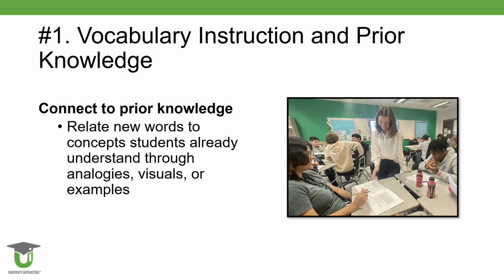Additionally, providing concrete examples in context allows students to see how the word is used in real situations. For example, if teaching the word photosynthesis, you might relate it to the idea of a recipe for plants. Just like people need ingredients to make a meal, plants need sunlight, water, and carbon dioxide to make energy. Connecting new words to prior knowledge builds stronger comprehension and retention.